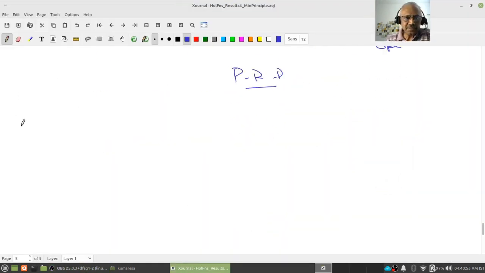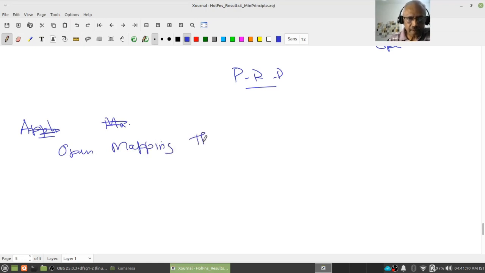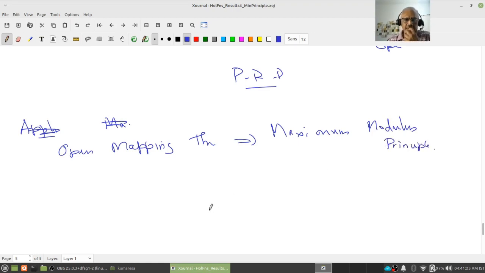Now there is a third application of minimum modulus principle, that is maximum modulus principle. Sorry, open mapping theorem implies maximum modulus principle. But this is a somewhat vicious circle.